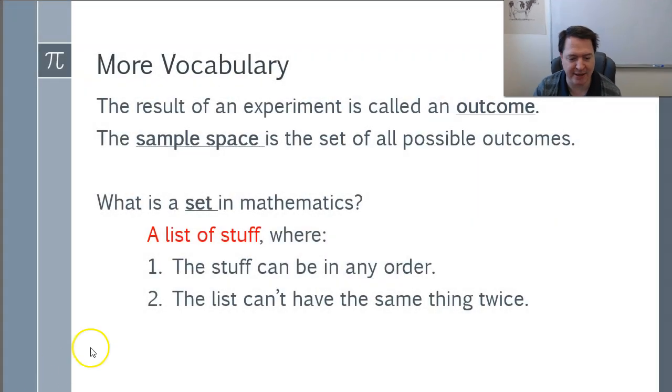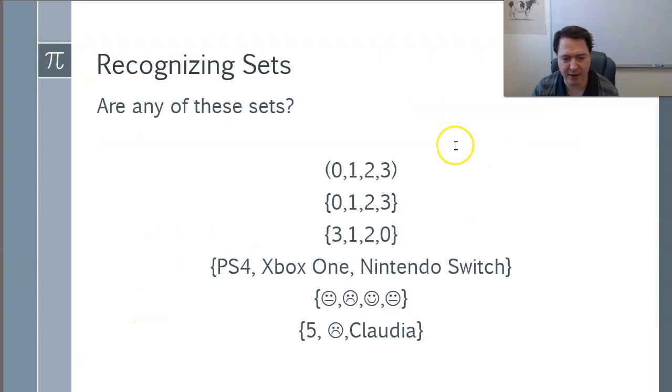It all ends up being the same then. Okay, so let me go through these things here and identify whether they're sets or not. The first thing that we'll notice about these first 2 things is they both have 0, 1, 2, 3, but one has parentheses, this first one, and the next one has what's called curly brackets or curly braces.